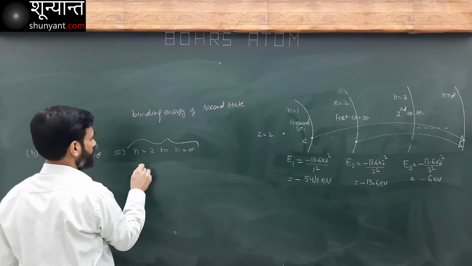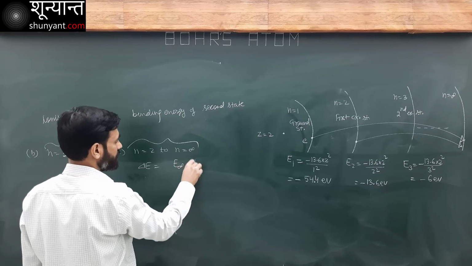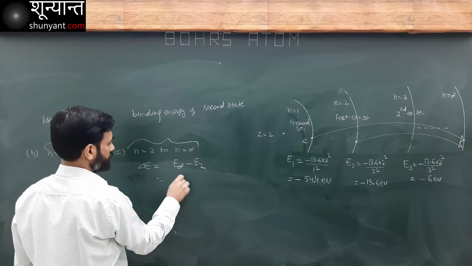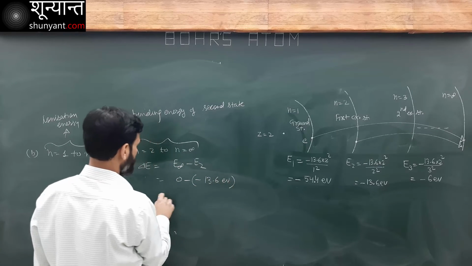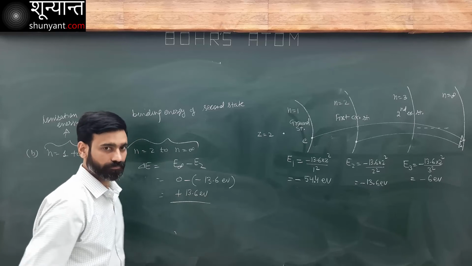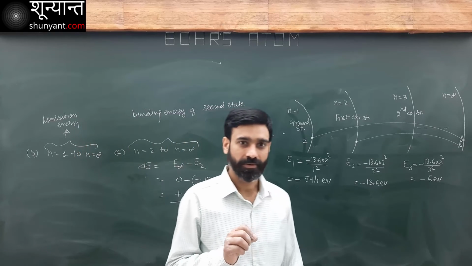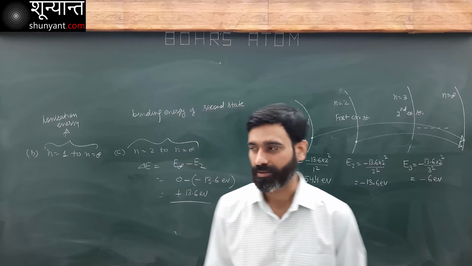So delta E is equal to E infinity minus E2, which is 0 minus of minus 13.6 electron volt, so it becomes plus 13.6 electron volt. You understand this? I'm not going to say anything more. I'm sure you must have got the point.